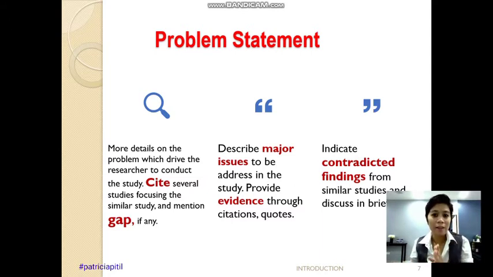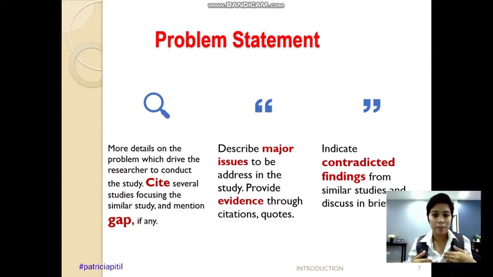But that statement that you found out should be based on several readings and should be from the latest years, not the 1980s. I would like to suggest a range of 5 years, 2015 to 2020 articles, because in sports research many studies have been conducted.